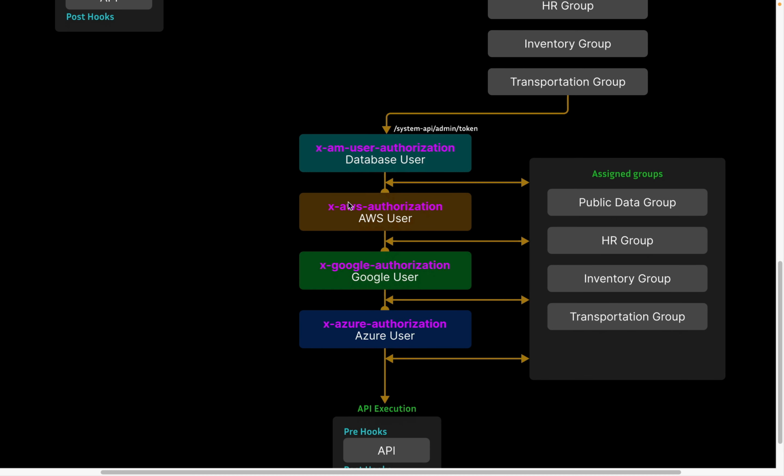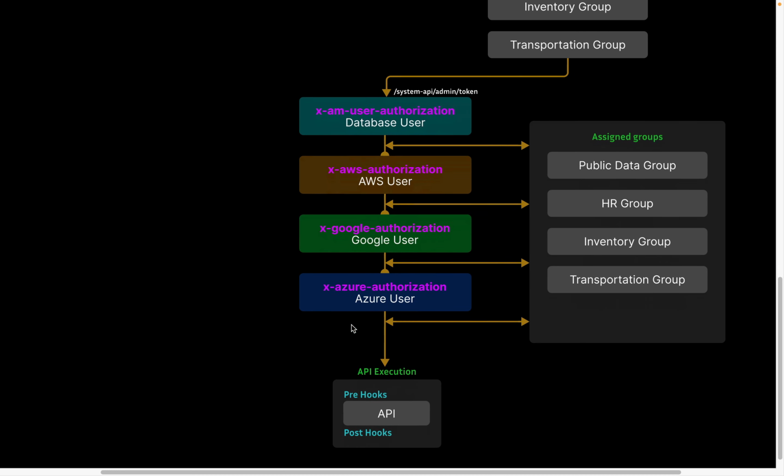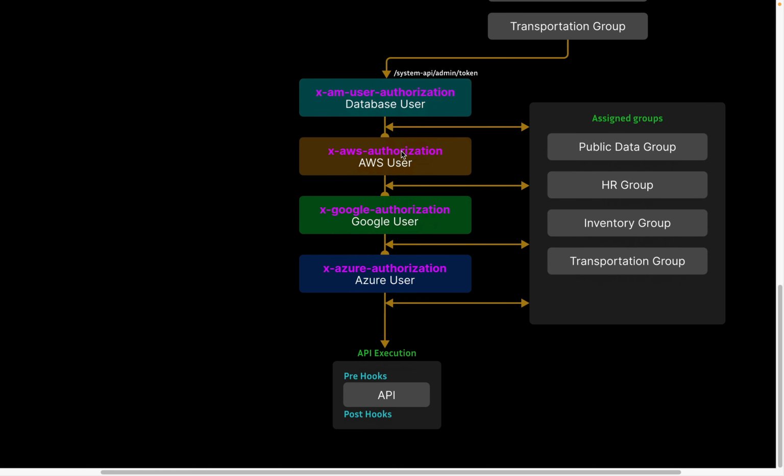The same way AWS, Google and Azure authorization works. If all the authorizations are passed, API Maker will execute pre-hooks. After that, it will execute the API and after that post hooks, and it will return response to the user.